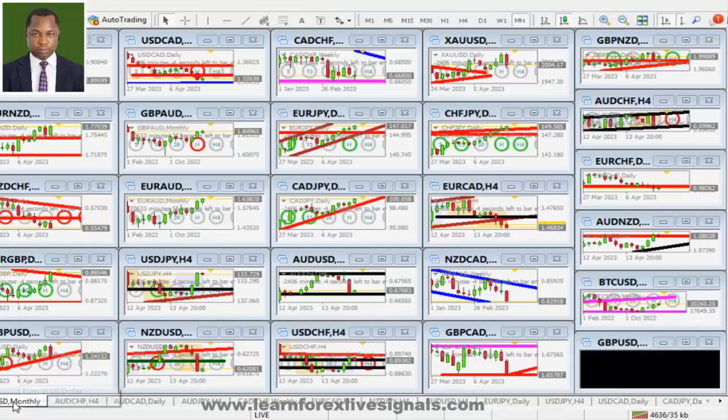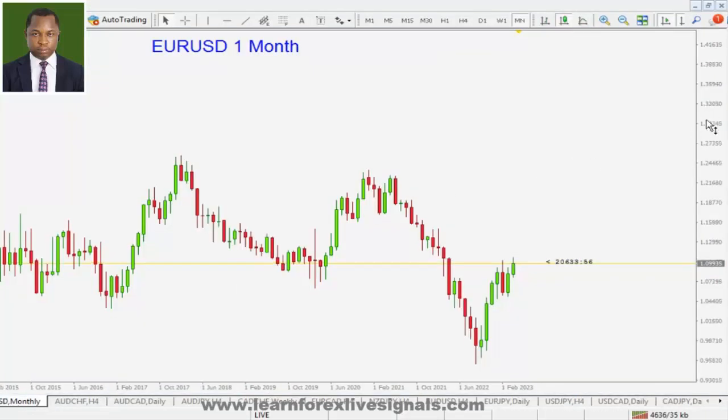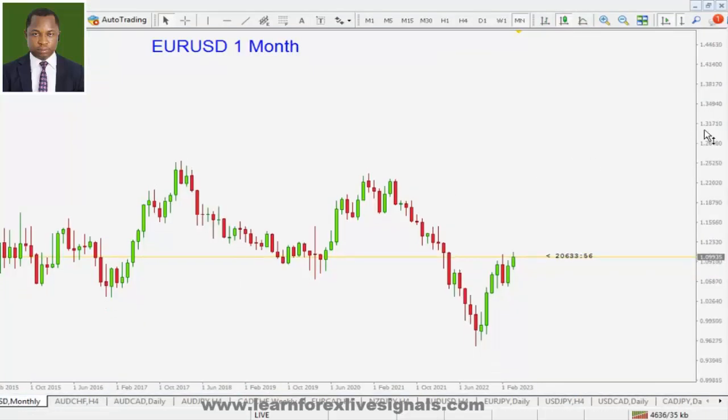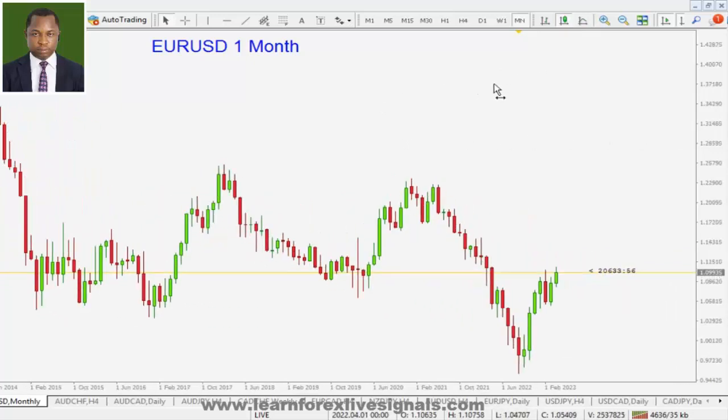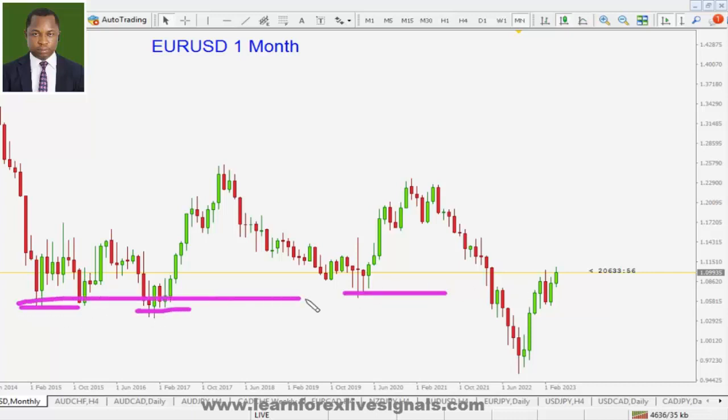I will want to look into the euro against the American dollar first, although I don't have much interest in this pair because I've not really seen what to trade here. But let me just analyze. In the monthly time frame, we are seeing this historical area that has been holding price.